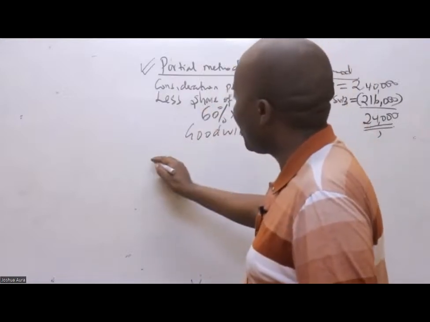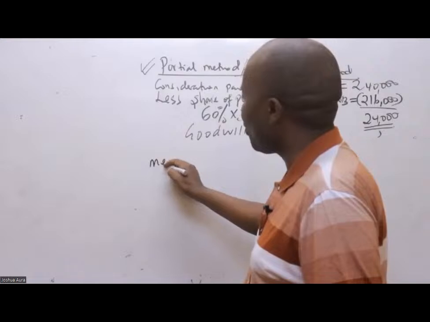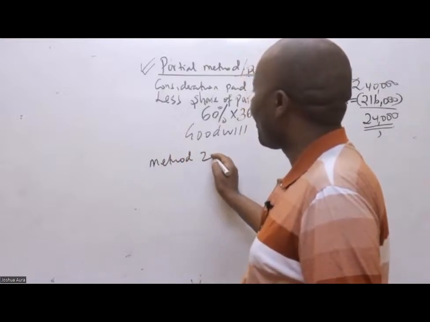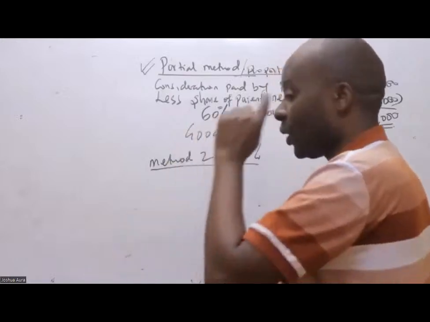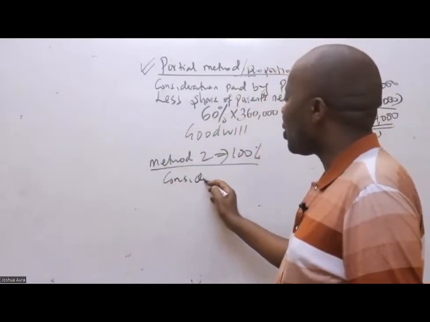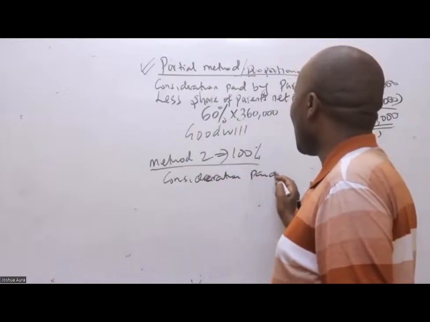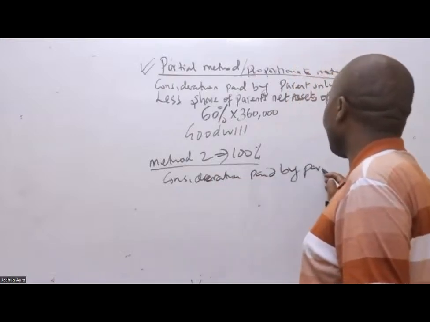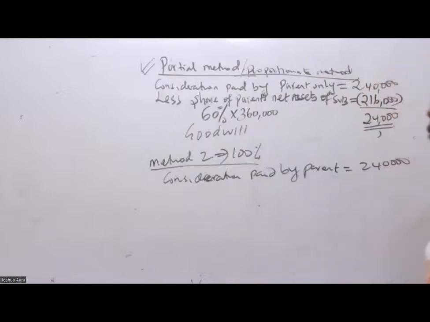I've also seen some students doing it this way. So in this case here, method 2, what we call the 100% reason. They'll come here and they'll tell you consideration paid by the parent, 240,000. 240,000 is the consideration paid by the parent.